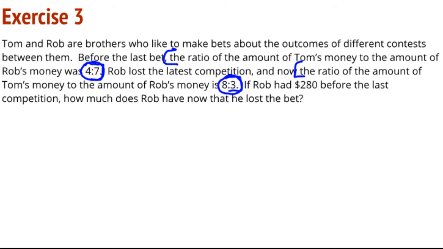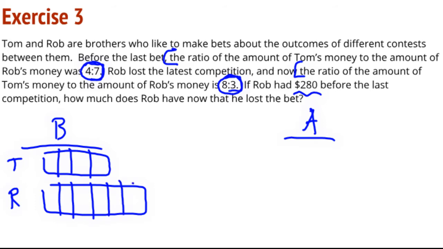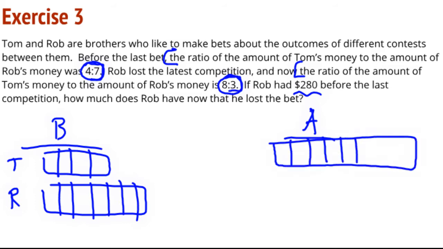So we've got a change that's occurred, and we're trying to figure out how that translates to actual dollars here. So I've got a before, and I've got an after, and it says before the ratio was Tom's money to Rob's money, and it was 4 to 7. Now afterward, the ratio is 8 to 3.